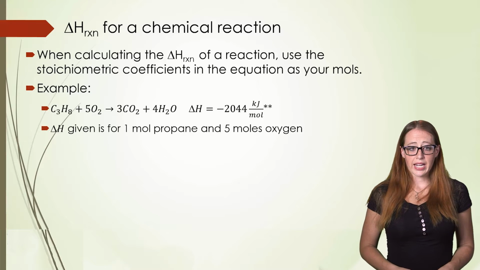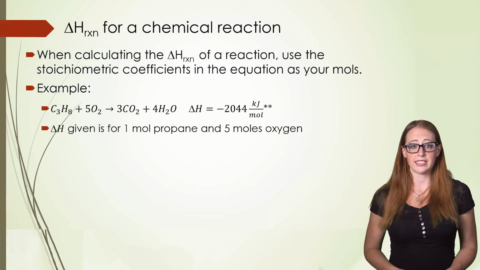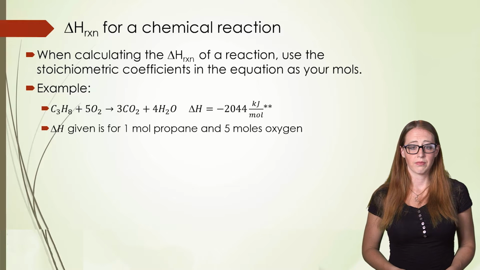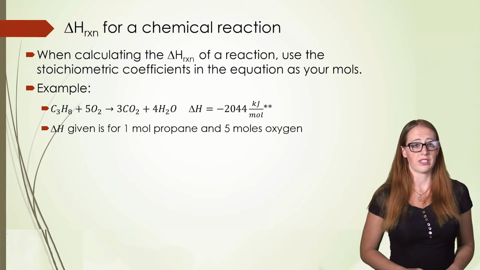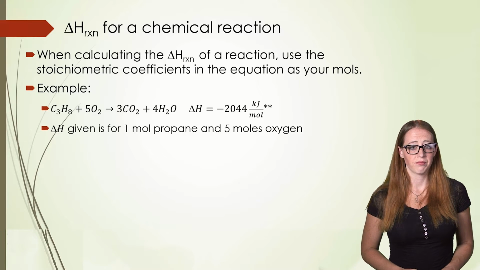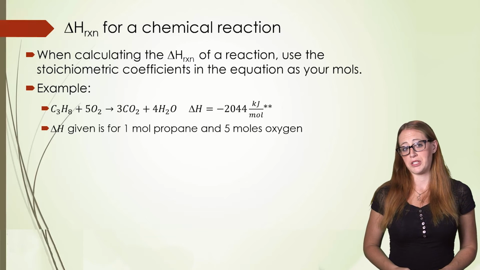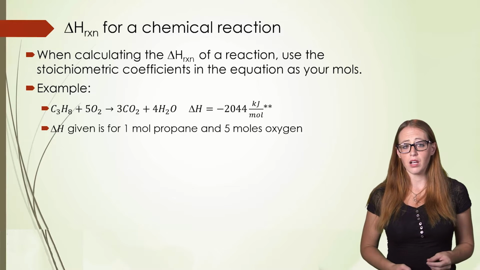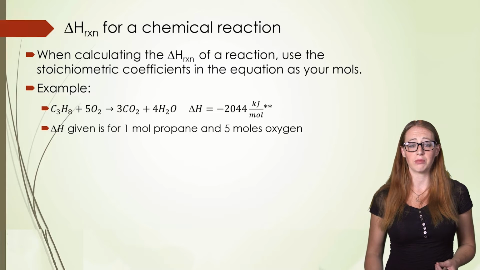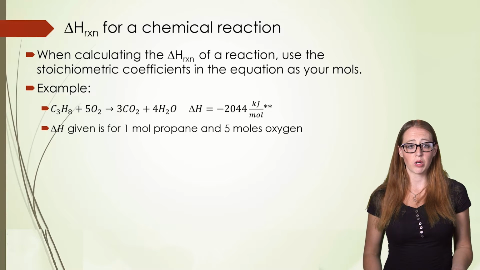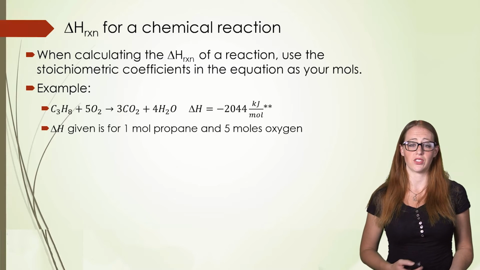If I give you this reaction and I give you the delta H, look at your coefficients on the reaction. It can't be for 1 mole of each species because 1 mole of the propane does not react with 1 mole of oxygen. 1 mole of the propane reacts with 5 moles of oxygen.